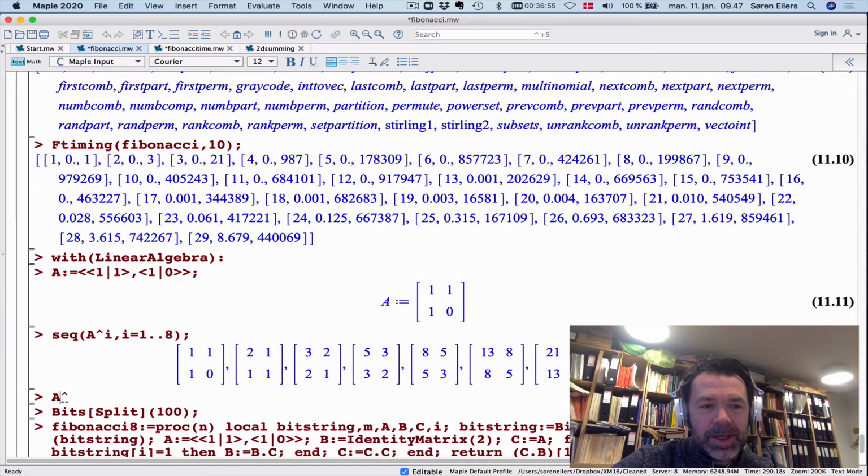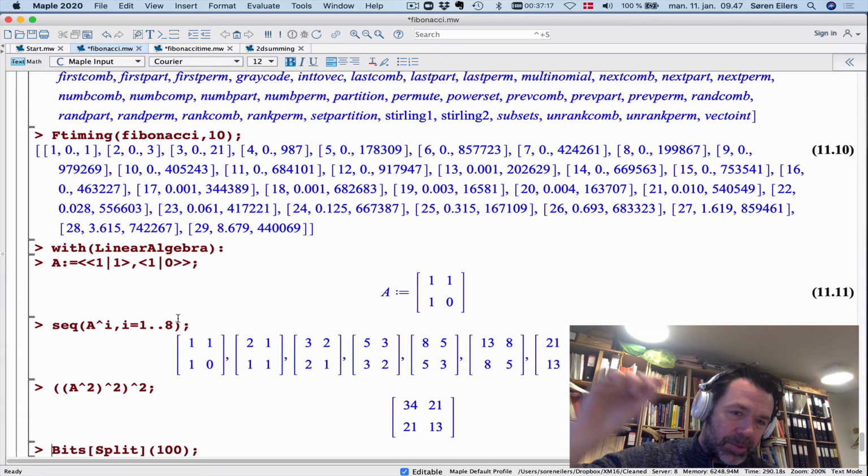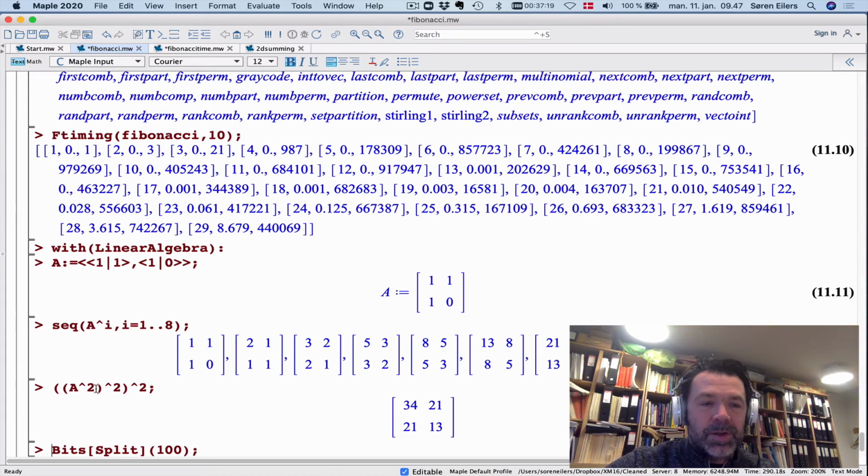Let's take the square of A. When I take the square of A, I get this matrix here, and then I take the square of that, I get this matrix here, and then I take the square of that, and I get this matrix here, which is A to the 8, because I've just written 8 as 2 times 2 times 2, and I've done this as squaring repeatedly.